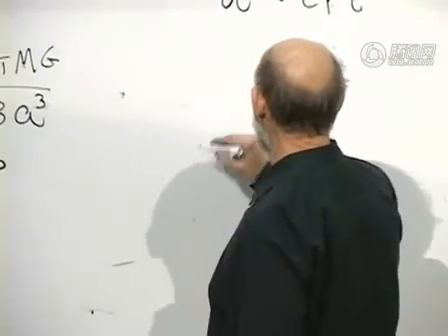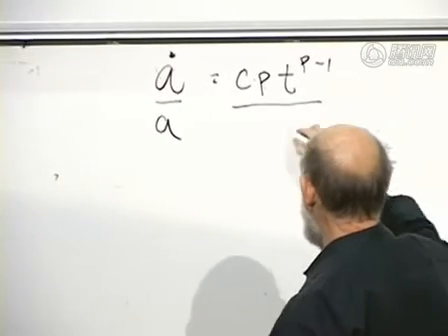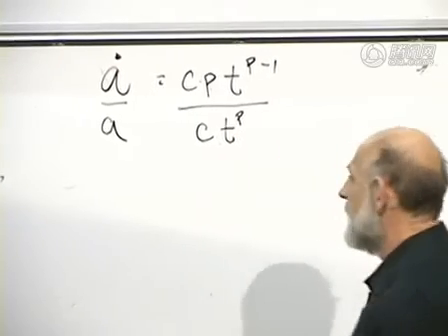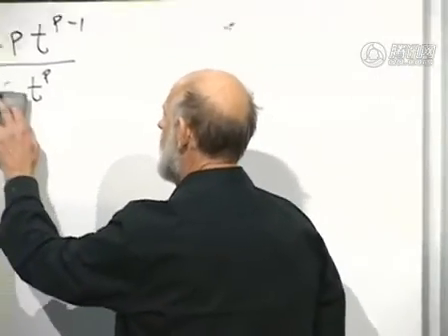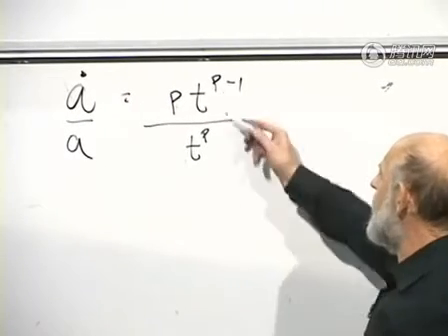What about A dot over A? Let's divide by A. A is C T to the P. Well, first of all, the constant C cancels out. That's nice. It'll come back. What is T to the P minus 1 over T to the P?